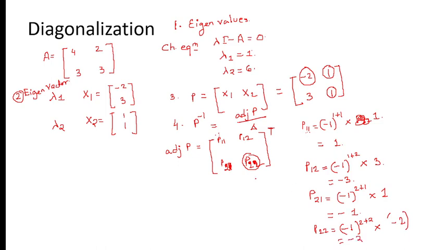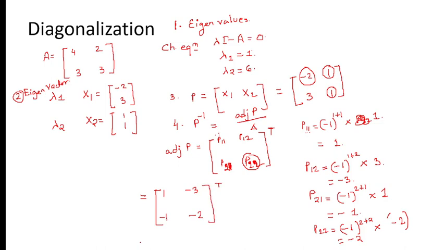So if I put all those values, this matrix will become 1, -3, -1, and -2. This will be transposed.